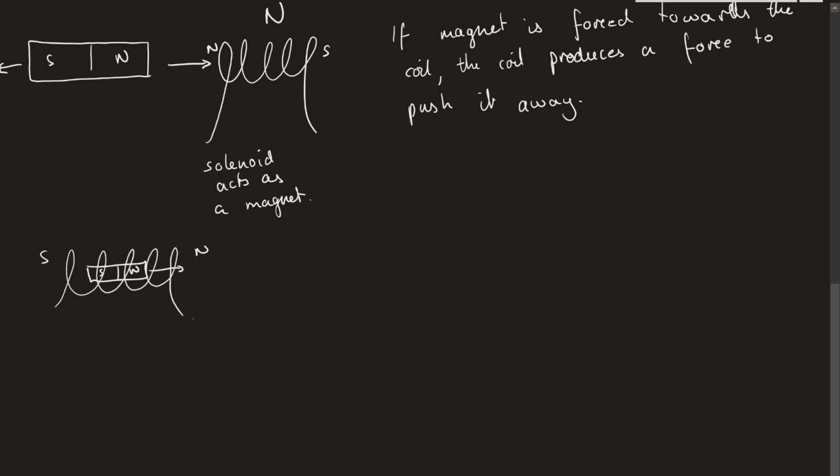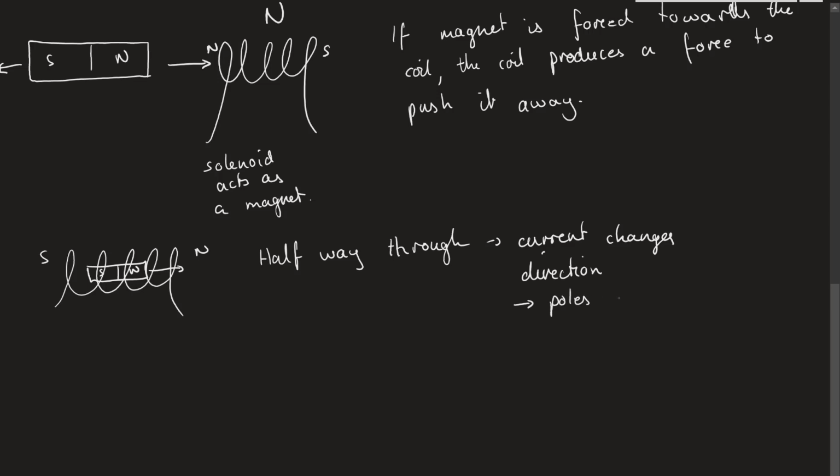Okay, so it means that halfway through, if we were to push the bar magnet the whole way through this solenoid, the current changes direction. And so if we have current changing direction, it means the poles change polarity.